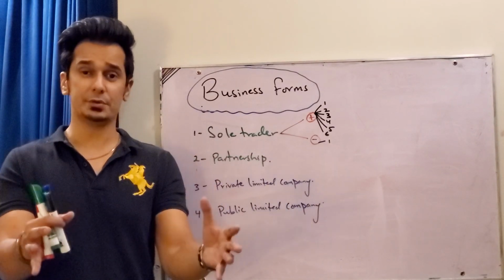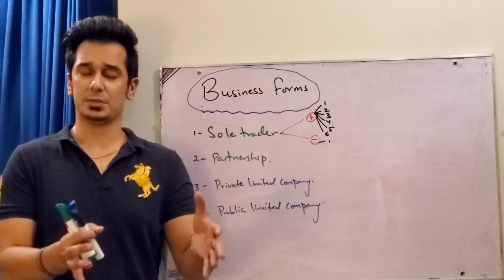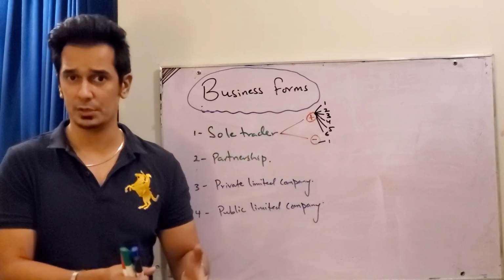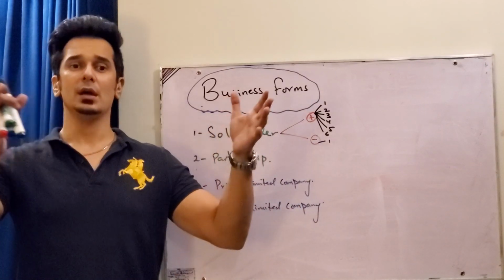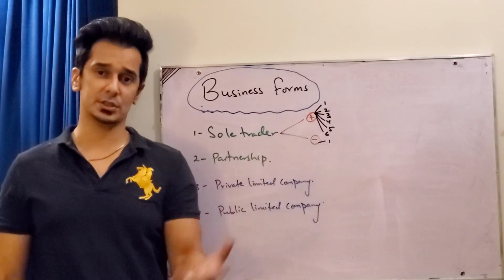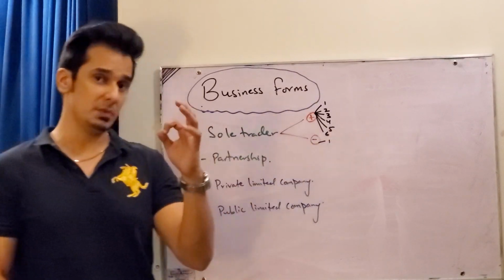So a sole trader business has unlimited liability. It might be possible that my business is worth, let's suppose, $200,000, and I might have to pay about $500,000 as compensation. So I don't know what my liability is. My liability is unlimited. So this is one major drawback.